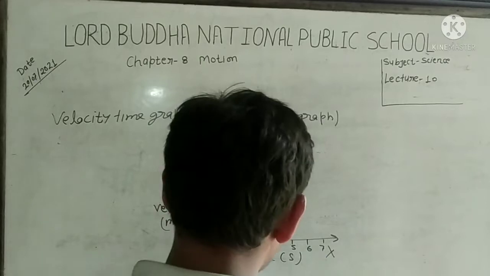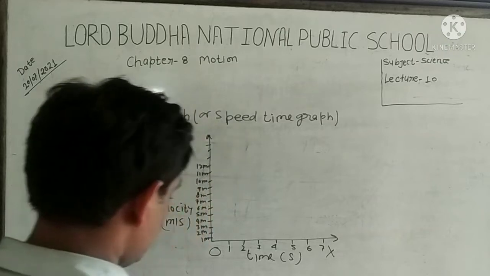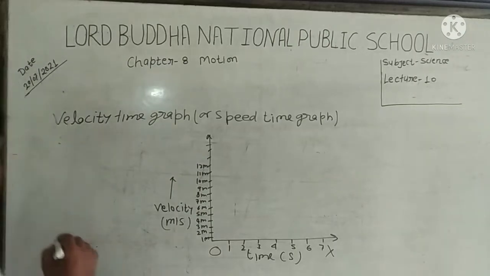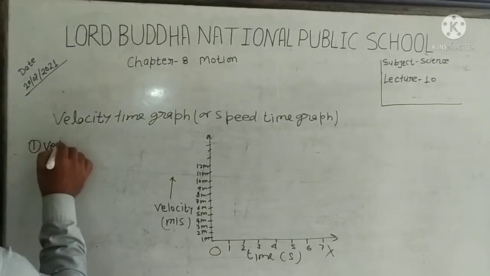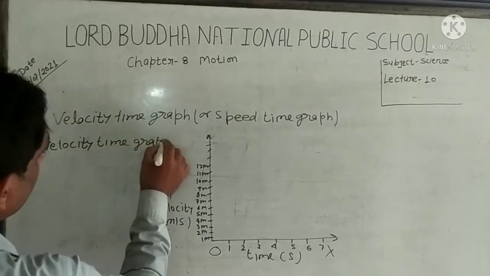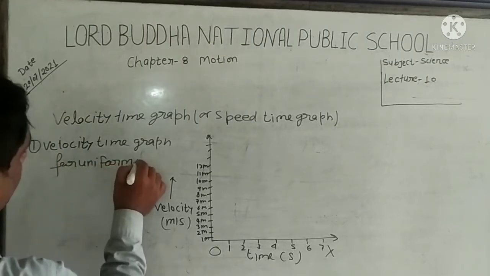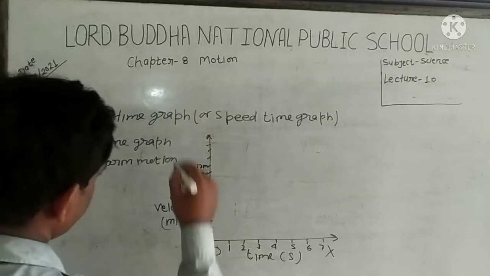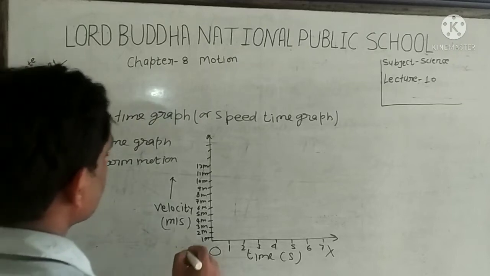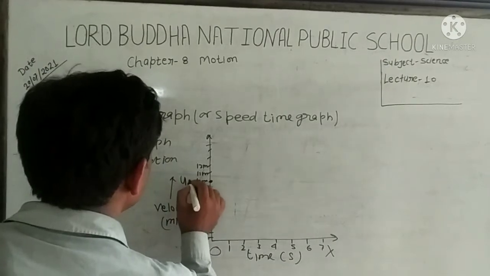The first one is the velocity time graph for uniform motion. We take an object moving with a uniform velocity of 10 meters per second, represented as u.